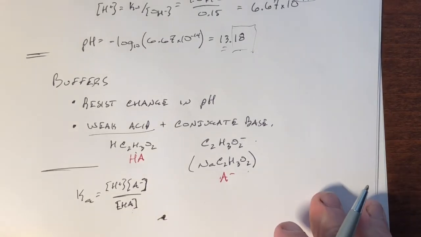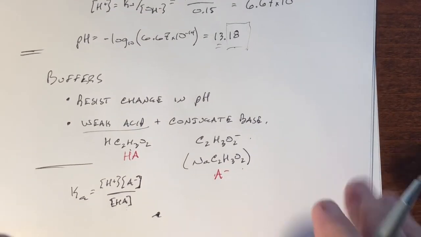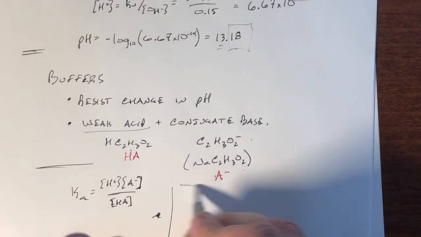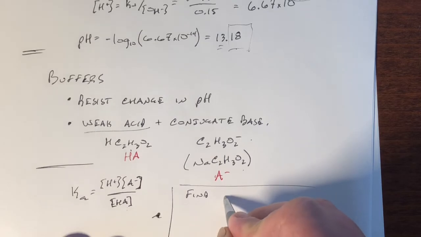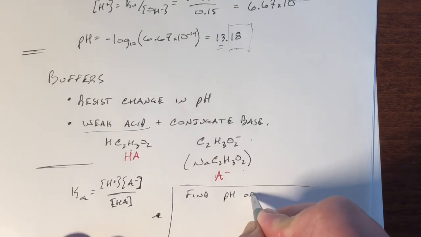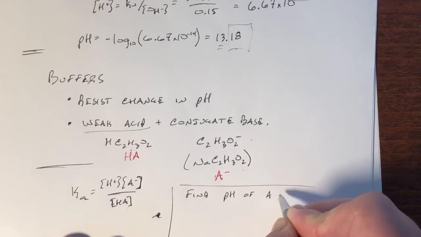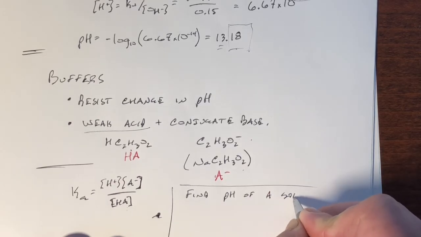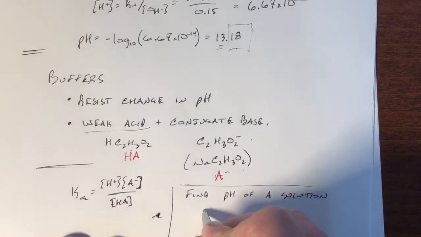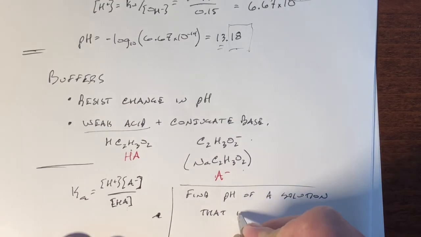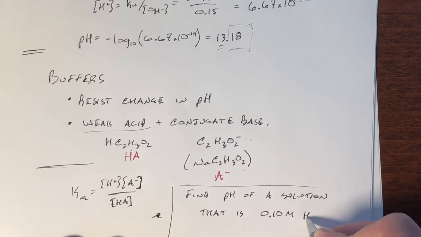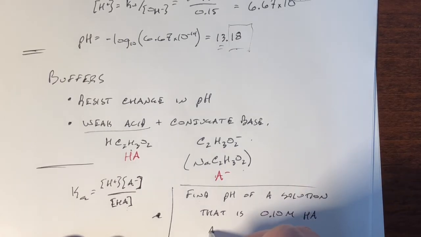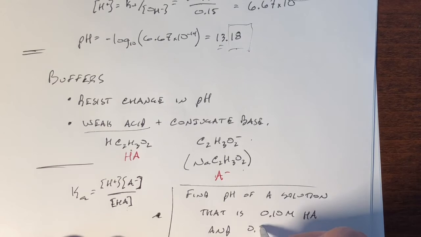Okay, so if we had a little problem, and it was find the pH of a solution that is 0.10 molar acetic acid and 0.20 molar sodium acetate.